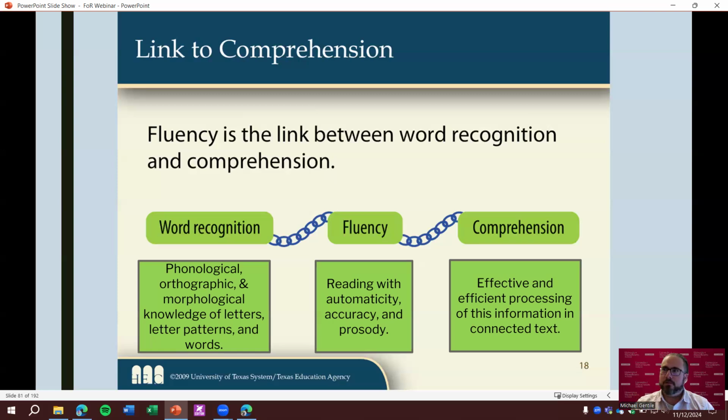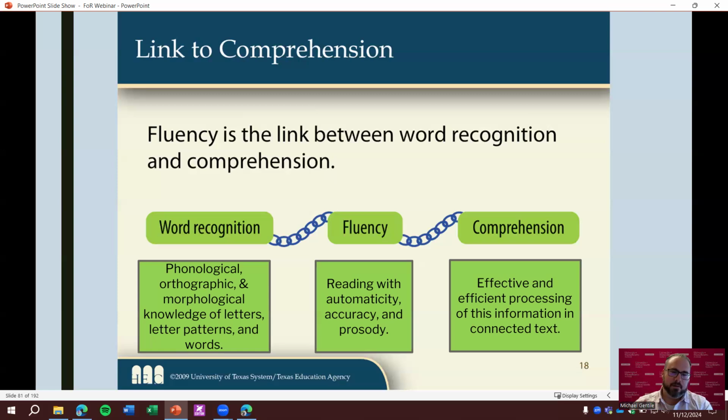If you're making a bunch of errors, you're obviously not going to understand what the words mean and you can't comprehend the text. And if you're going too slow, you're going to have previous sentences or previous words fall out of your working memory, and you're not going to be able to put everything together and see it as big. So you need to move through text quickly to comprehend it accurately, right? So that's how fluency goes towards comprehension.